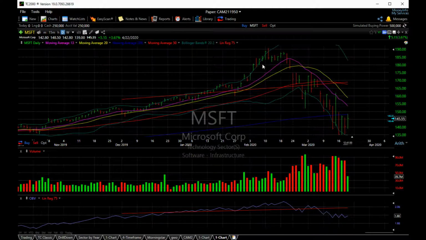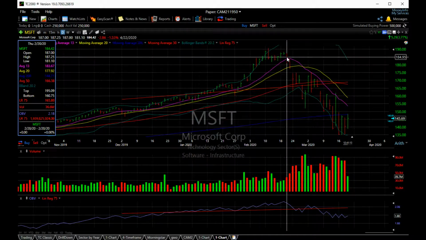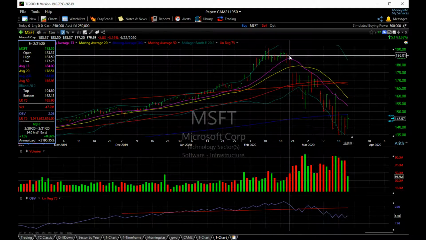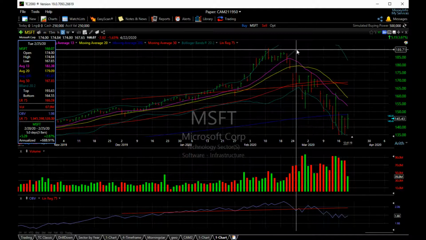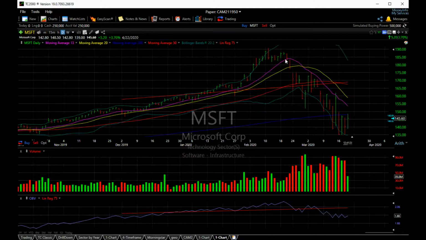We have support here where it was, establishing a new trading range and making a new high. Then we started to come down. Well, we came down on increasing volume, increasing volume, increasing volume, and again. And you see that we came right back down to that lower Bollinger Band and then rallied.